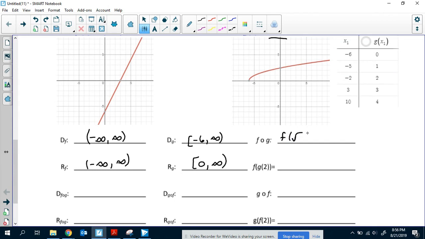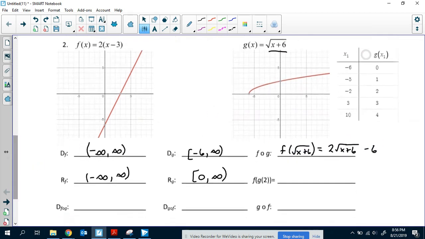So that's the same thing as f of the square root of x plus 6. So if I substitute that in, I get 2 times the square root of x plus 6 minus 6. I'm just replacing x in f with x plus 6.